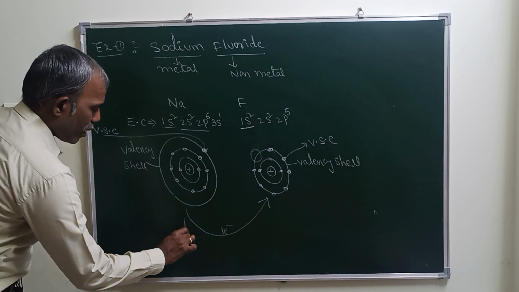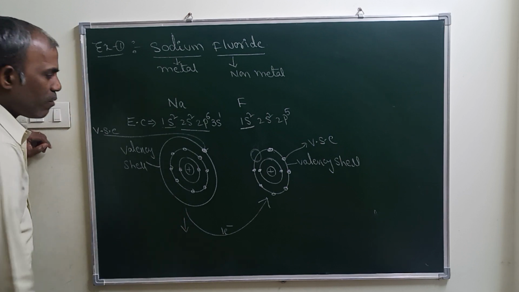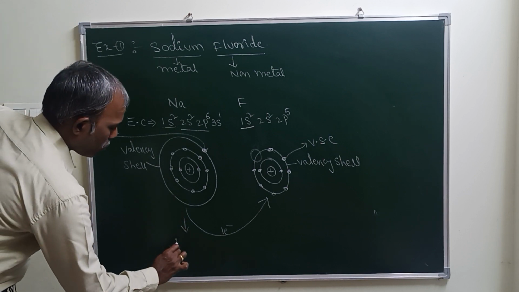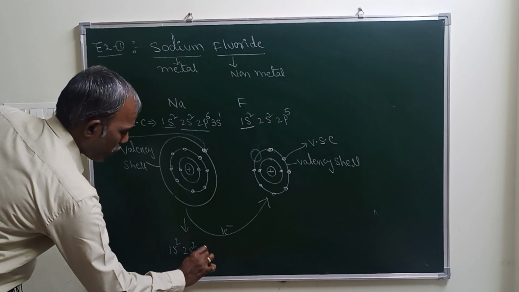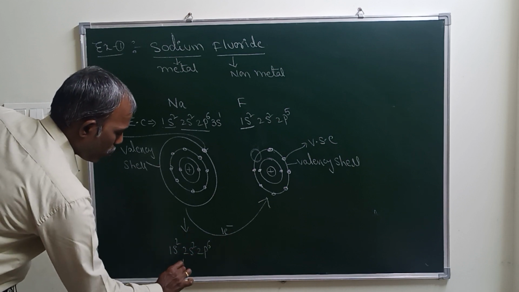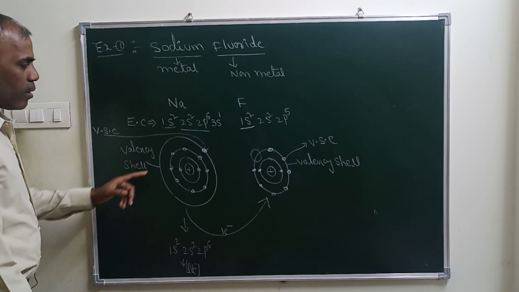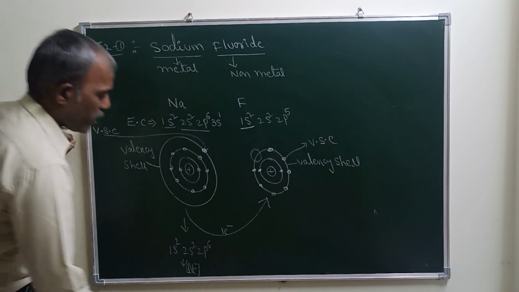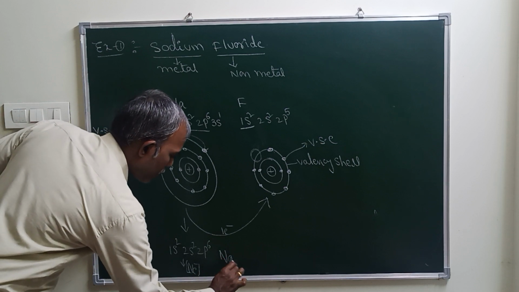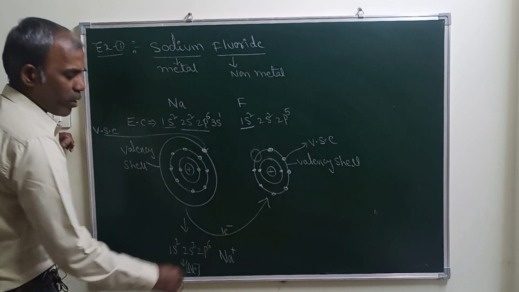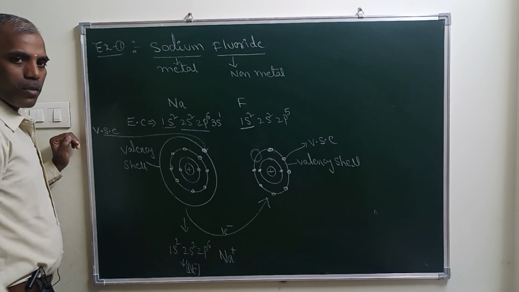After sodium loses 1 electron, the configuration is 1s2, 2s2, 2p6, which is equal to the neon configuration. The charge on sodium is Na plus because it lost 1 electron, so 1 positive charge.